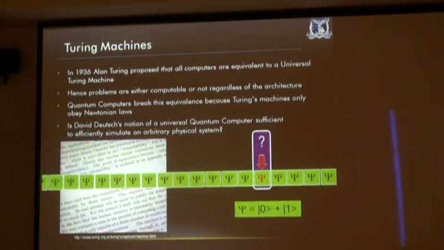And if you Google up unsolved problems in physics, one of the big unsolved problems in physics is whether a universal quantum computer, analogous to Turing's universal Turing machine, has sufficient computer power to efficiently simulate any arbitrary physical system.